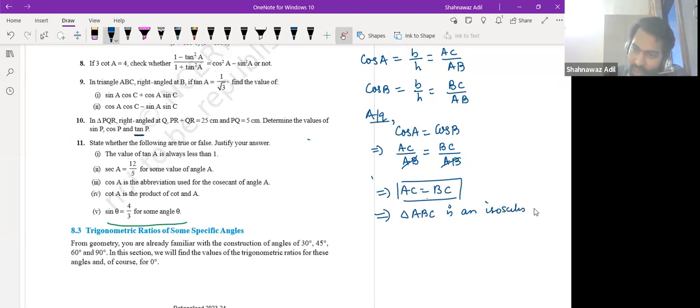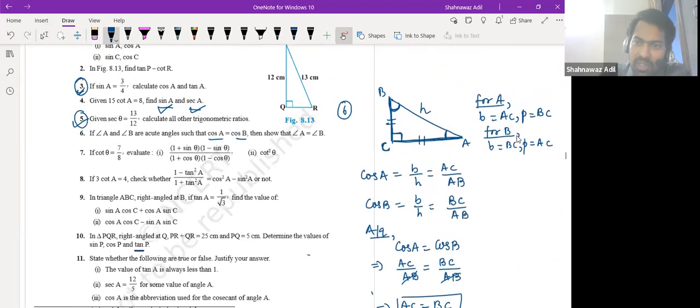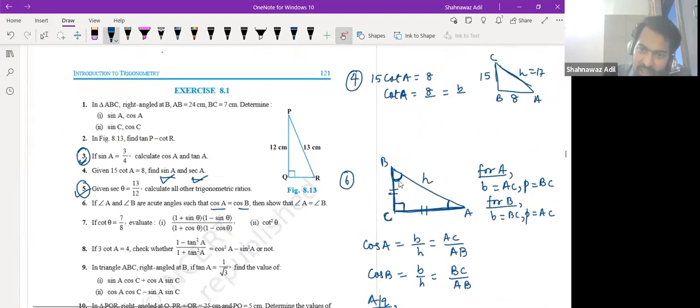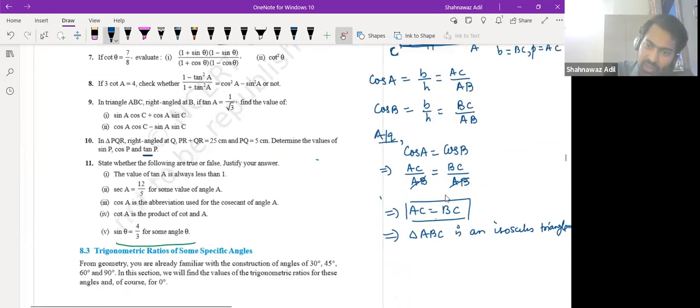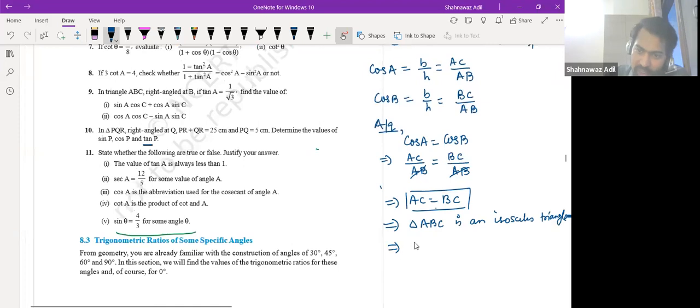In the case of an isosceles triangle, the corresponding angles are equal. So angle A would be equal to angle B, corresponding parts of equal sides.